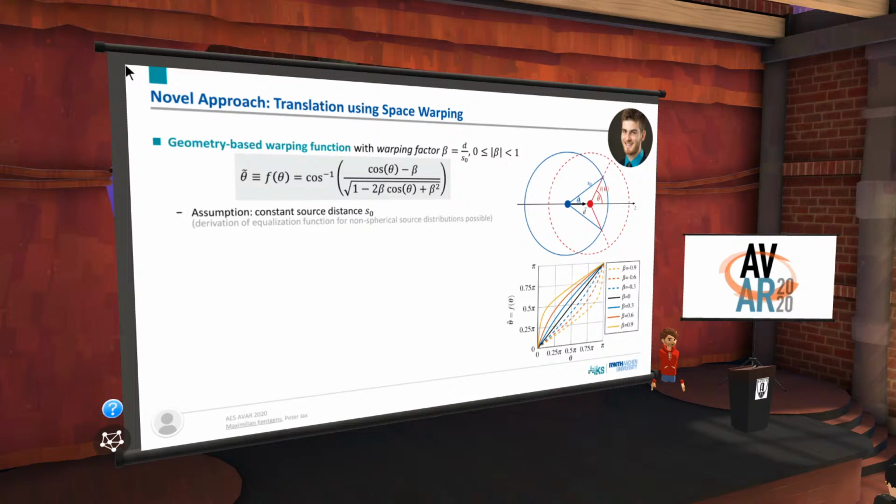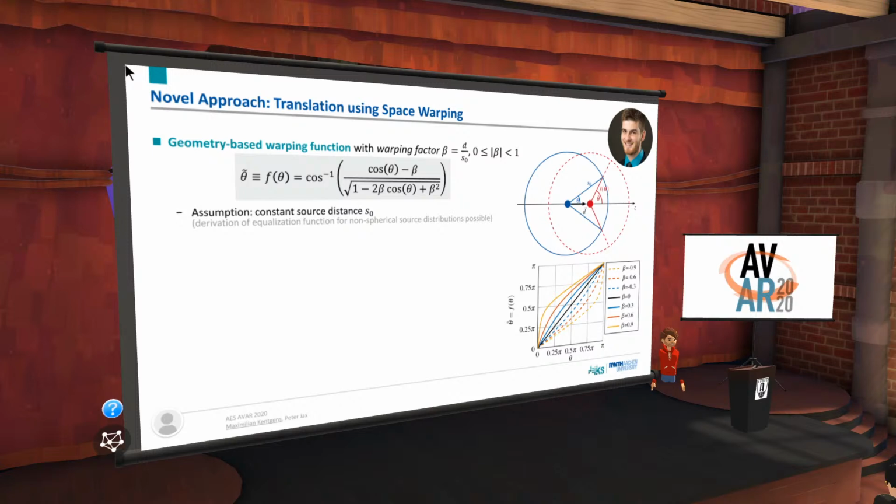And the formula that you see there is nothing else than the geometry, where we introduce the warping factor beta, which is the ratio between the displacement and the source distance, so that beta equal to 0 means we are not moving at all, and if beta is close to 1, we're very close to the sources.